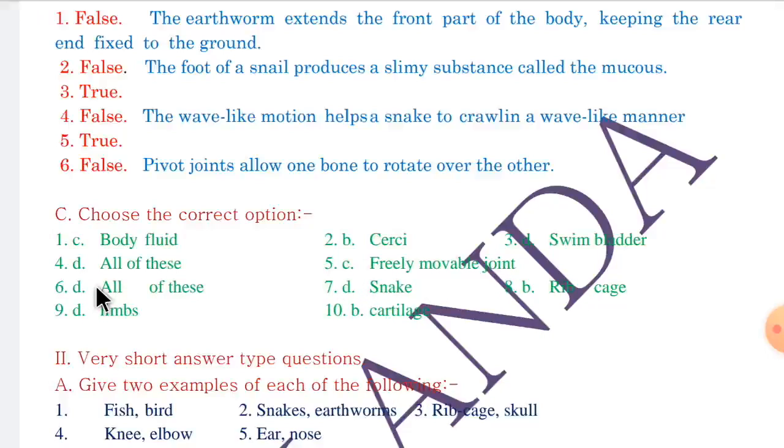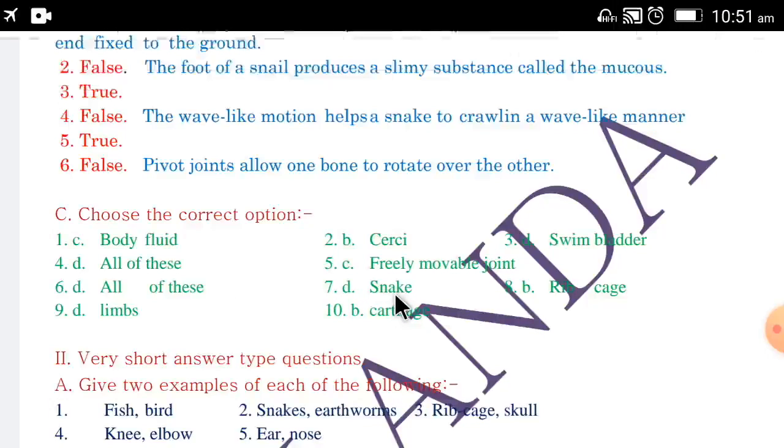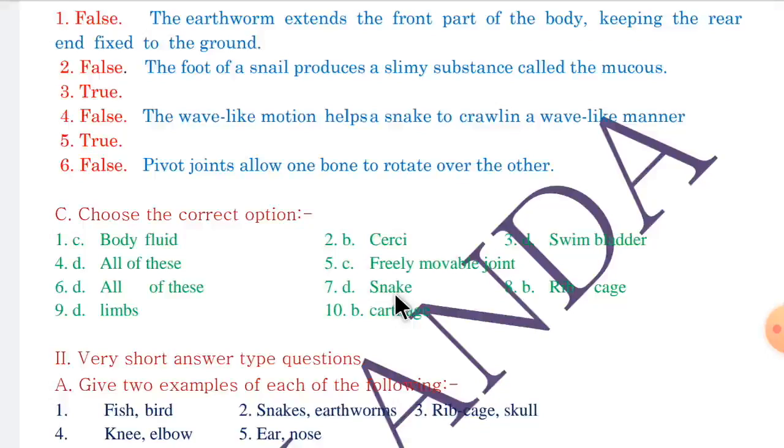Let's see the next, the sixth one: which of the following has a streamlined shape? The answer is all of these: aeroplane, fish, birds. All these three have a streamlined shape. Next, seventh: which of these animals do not have limbs?